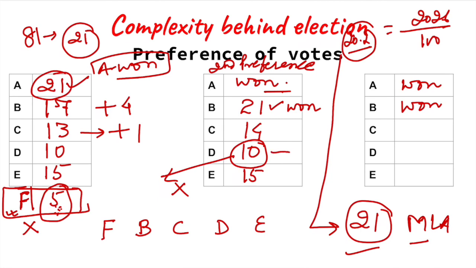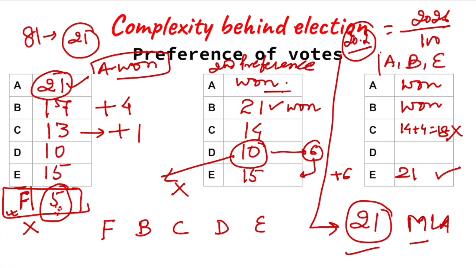So, for example, 6 MLAs out of 10 who have D as the first preference have E as the next preference. Then the total number of votes for E will be 21 and he will win. The remaining MLAs are 4, so C will get only 14 plus 4, that is 18. So he lost the election, and the ultimate winners are A, B, and E.